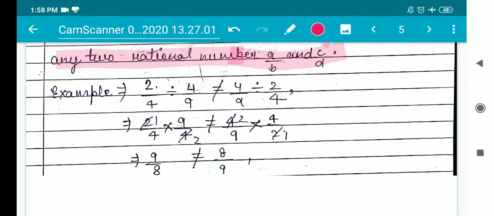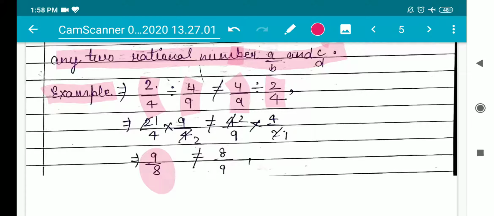One example: 2/4 ÷ 4/9 is not equal to 4/9 ÷ 2/4. We will first solve the left hand side equation, that is 2/4 ÷ 4/9. We do the division process, that is 2/4 into the reciprocal of 4/9, that is 9/4. After calculating it, I got the result 9/8.